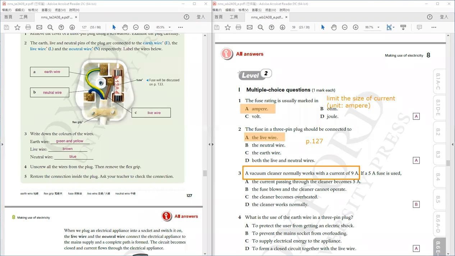If you just use a 5A fuse, the size of current allowed by the fuse is too small for this vacuum cleaner.